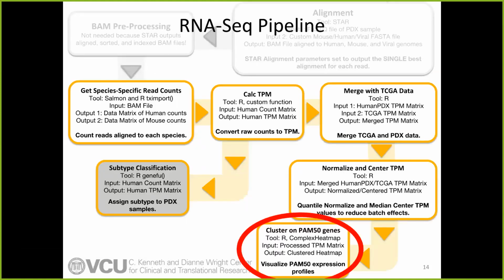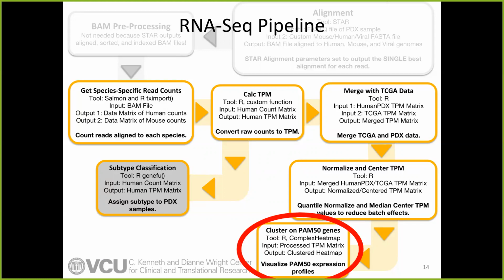Almost done. Okay, so we have our classification. So that answers our question that we were originally asking. That's our use case. But then we wanted to go and verify: do the gene expression profiles for these 50 genes that we use to classify, do the PDX model profiles actually correlate with real human data?